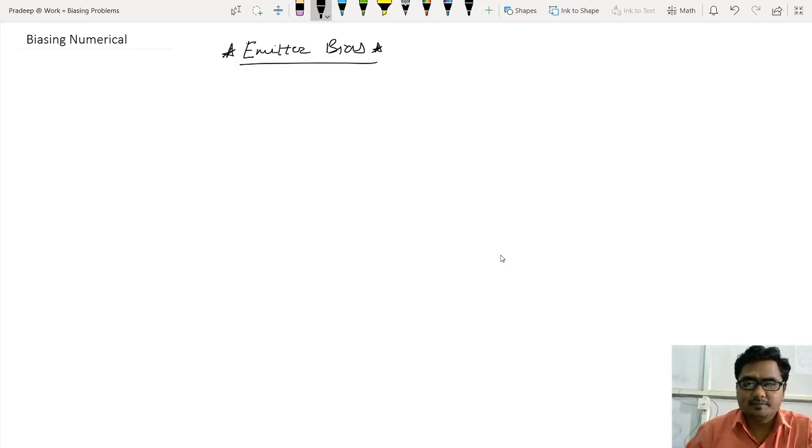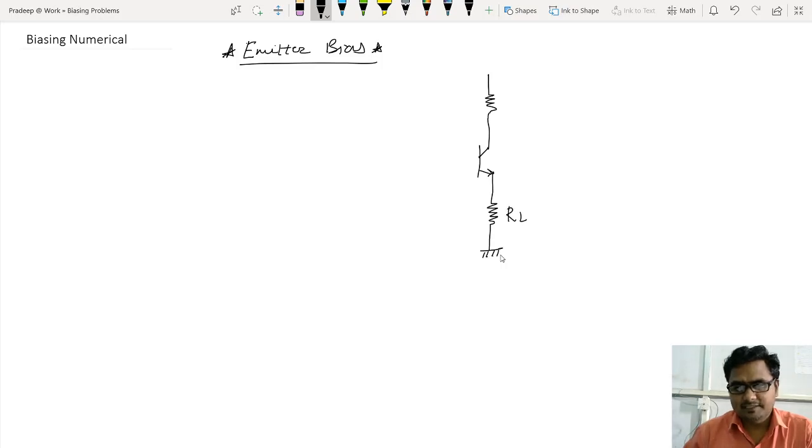What we have in emitter bias: one collector resistor as it is, which is connected here, and one extra emitter resistor that is connected. We have named it RE, and this is traditionally RC. And look at this, here the resistor RB is connected to the base.